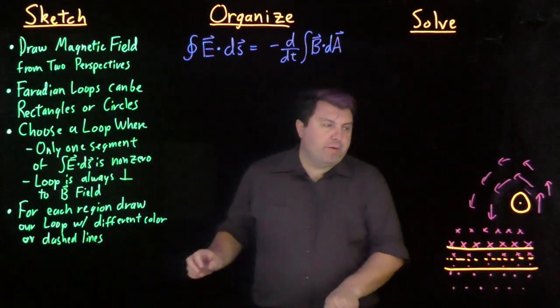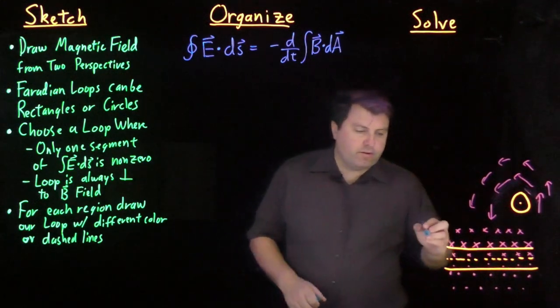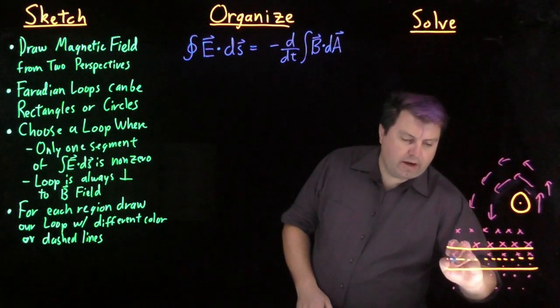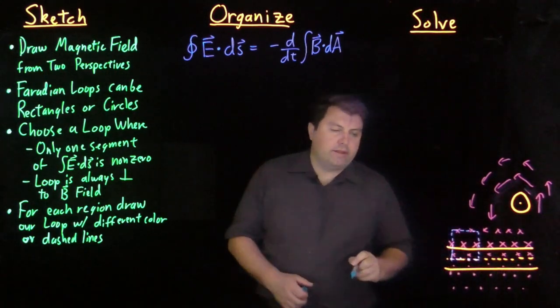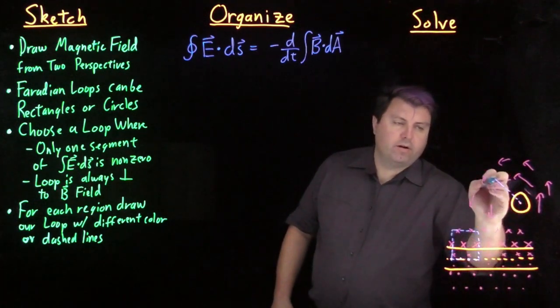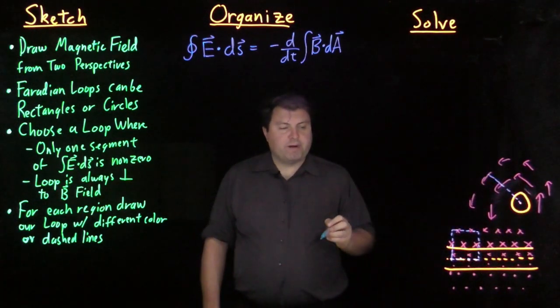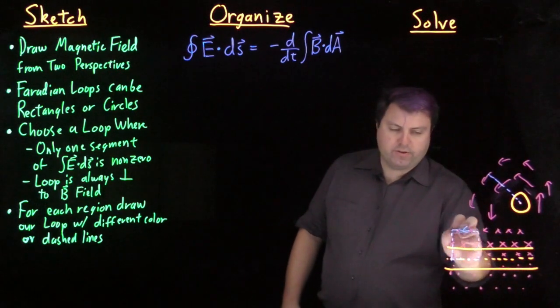So we need to be perpendicular to our magnetic field. And so having an area like this would always be perpendicular. Might look like this in this perspective. So this would be one region in which this is our non-zero segment.